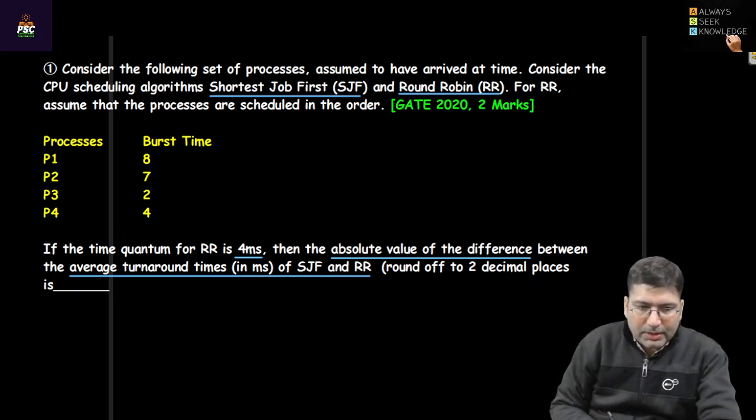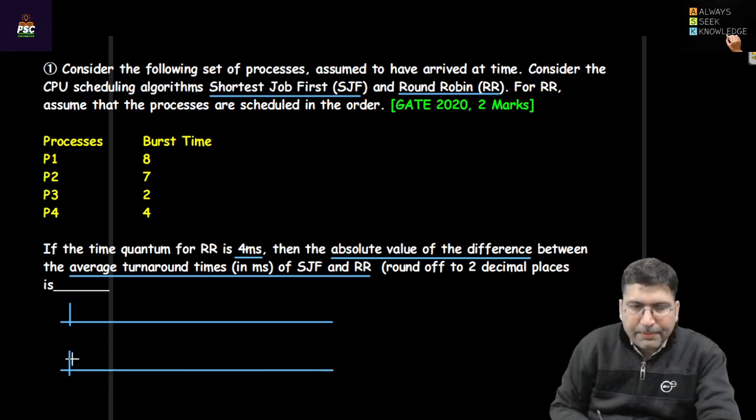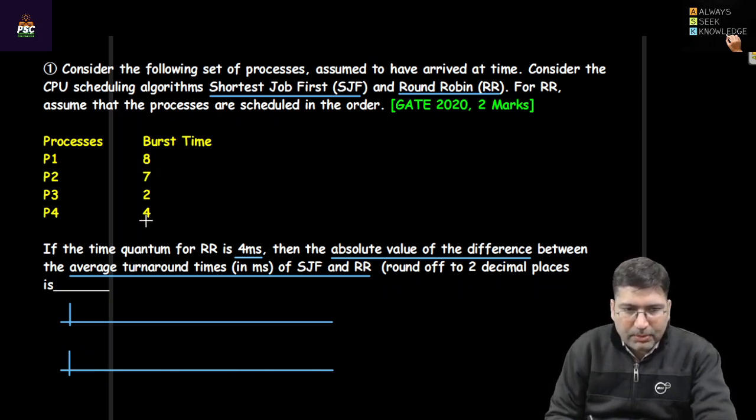So I'm drawing the Gantt chart for both quickly and then we can finish it. This is the Gantt chart for, let's say, SJF, and another Gantt chart I am drawing for round robin. The total CPU burst is 15 plus 4, 19, plus 2, 21.